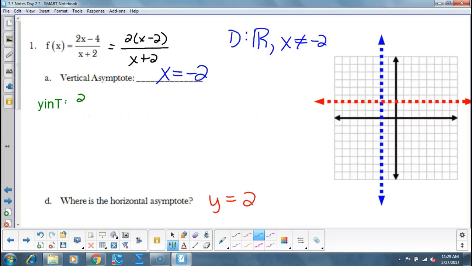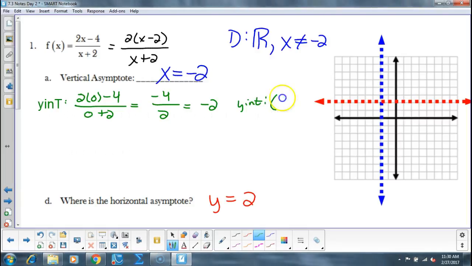So that's going to be 2 times 0 minus 4 all over 0 plus 2. 2 times 0 is 0, minus 4 is -4. 0 plus 2 is 2. -4 divided by 2 is -2. So my y-intercept is the point (0, -2).